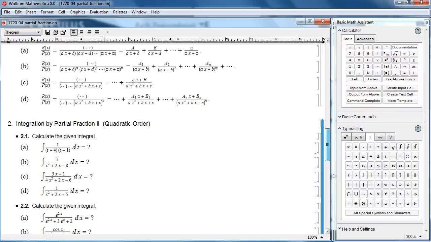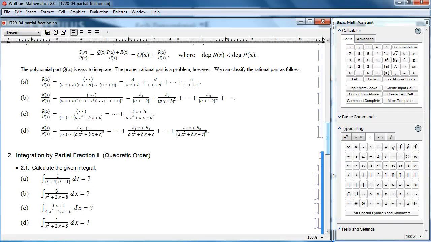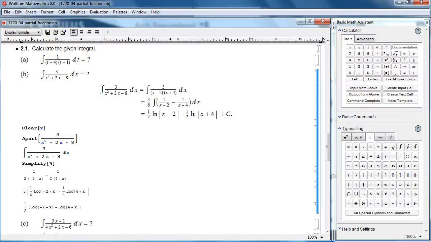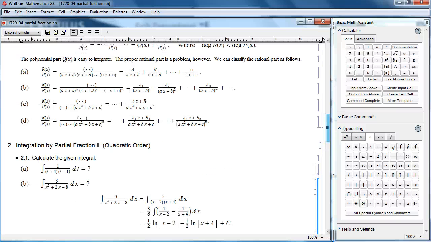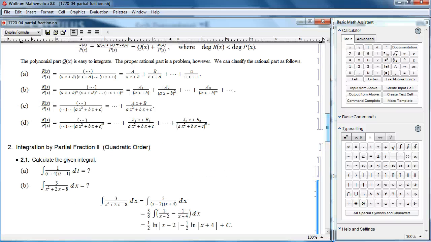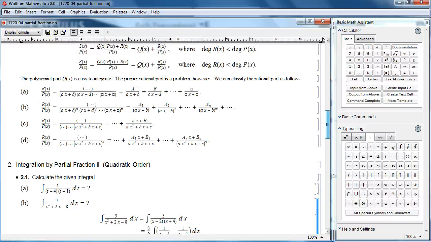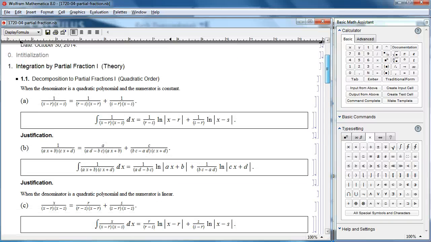In this notebook, for some reason, I just put all the example problems in the next subsection here. How do we handle a problem like B? Well, factor the denominator, x minus 2 times x plus 4, and then apply the formula over here, this one.